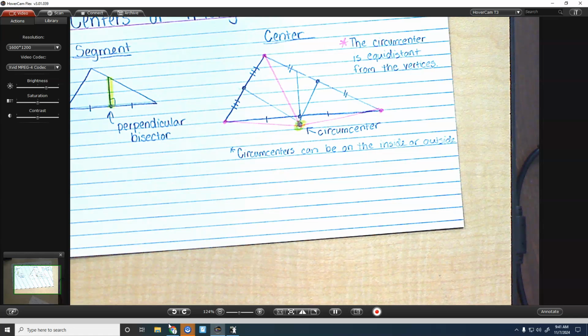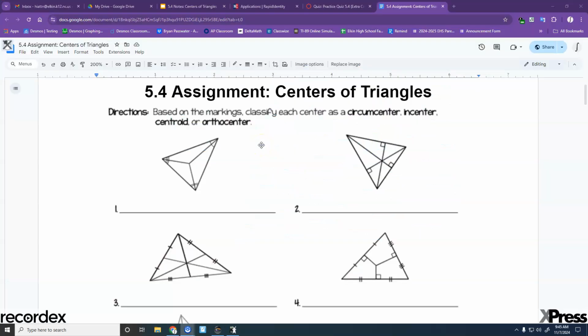Oh, no, it cannot be two things at once. No, it cannot be two things at once. So they all have just one answer. There we go. Okay.